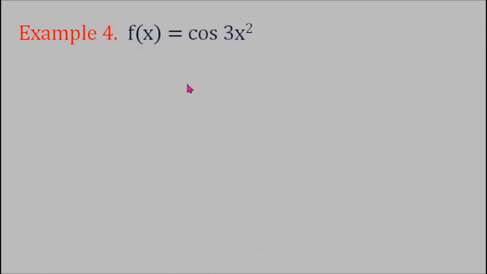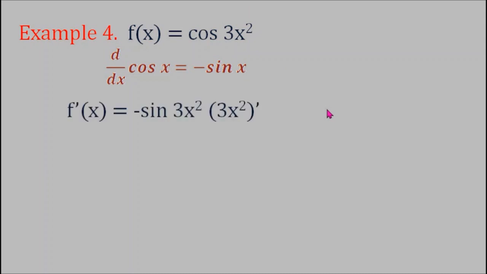Example number 4. Find the derivative of f of x equals cosine 3x squared. So we know that the derivative of cosine x is negative sine x. How are we going to deal with 3x squared? So we just have to find the derivative of cosine 3x squared, which is negative sine 3x squared, times the derivative of 3x squared by chain rule.